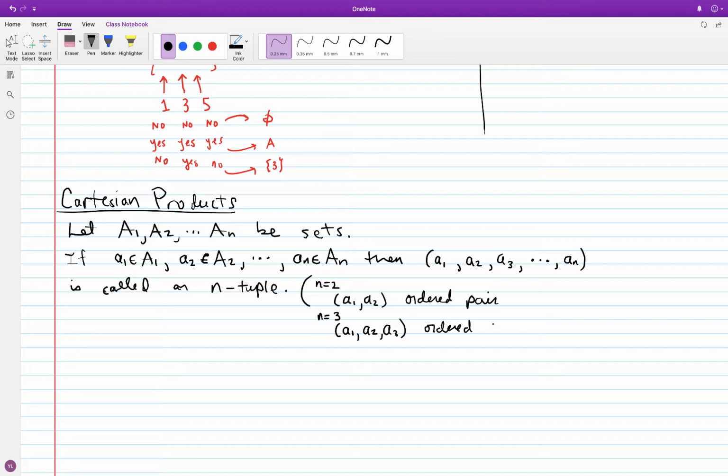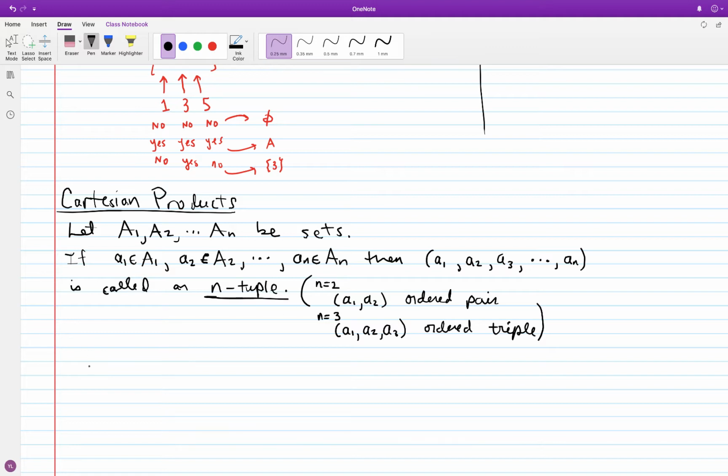And you could have an ordered quadruple and so on. But usually, by the time you get to 4 or above, you just say 4-tuple, 5-tuple, 6-tuple, whatever. So in certain instances, you're interested in several sets all at once, and you want to consider ordered n-tuples from those sets.